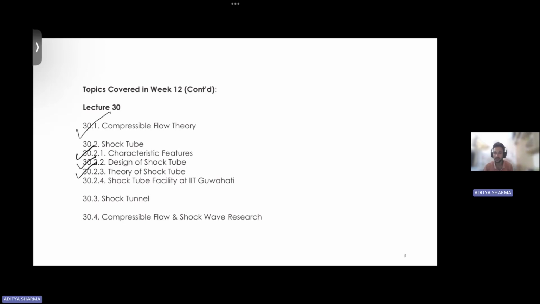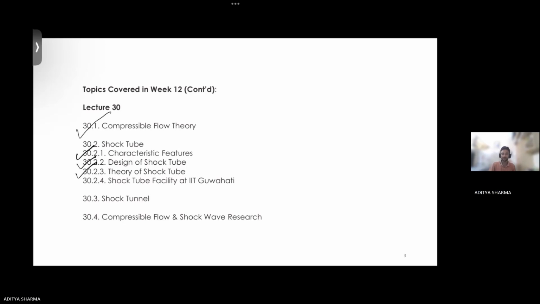At present, other than the shock tube discussed in the lecture, we have a few other shock tubes in our lab, and those shock tubes are of different specifications.